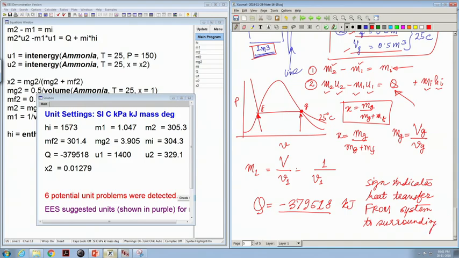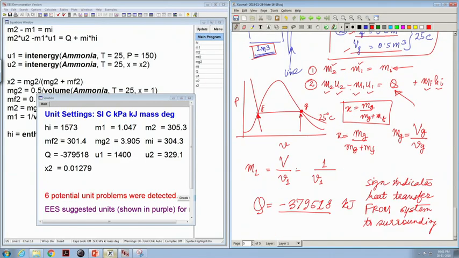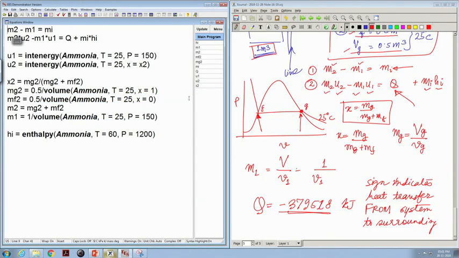So, if someone asks what is the heat lost, then you will say the heat transferred from the tank is 379.51 megajoule. If you want to go very scientific, you will say the heat transfer to the system is minus 379,518 kilojoule.